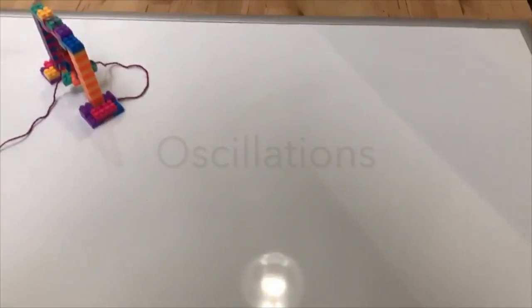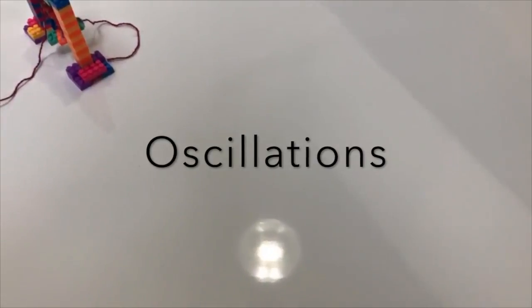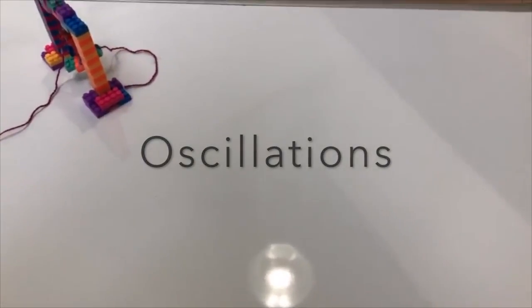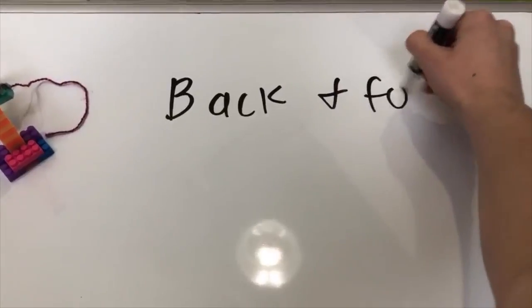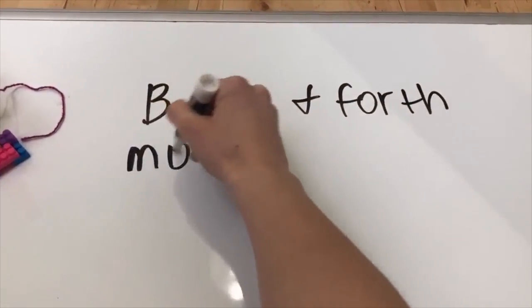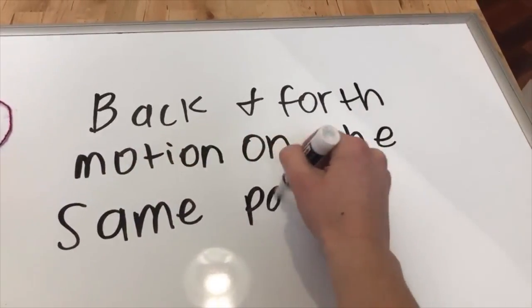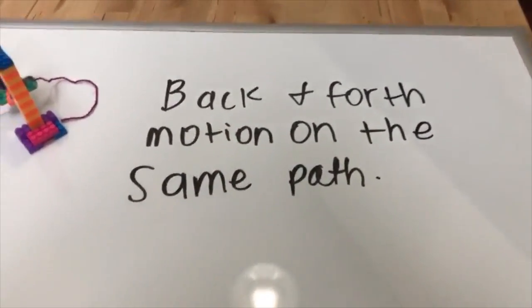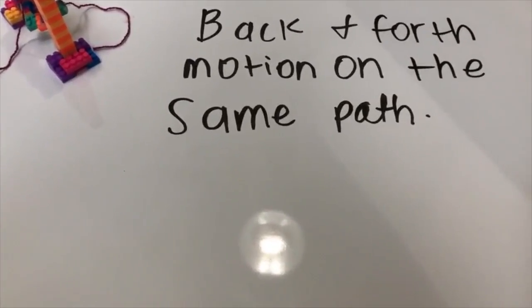Okay, so to begin, I'm just going to explain what oscillations mean. So essentially, oscillations in simple harmonic motion is just the... So what this means is that anything you can think about.